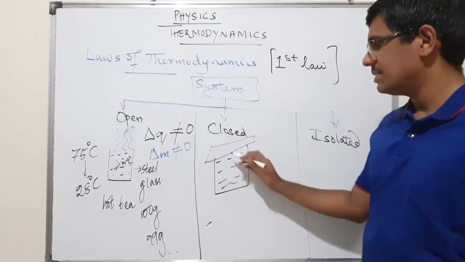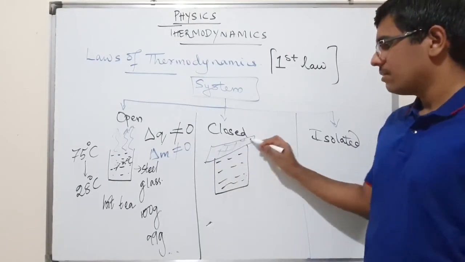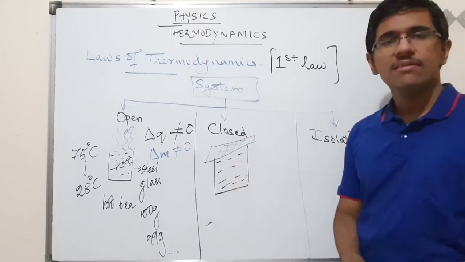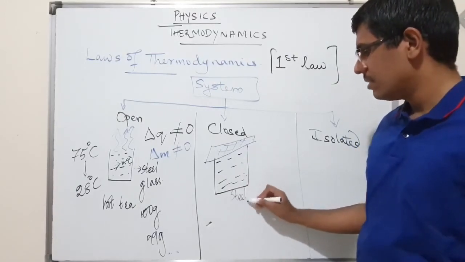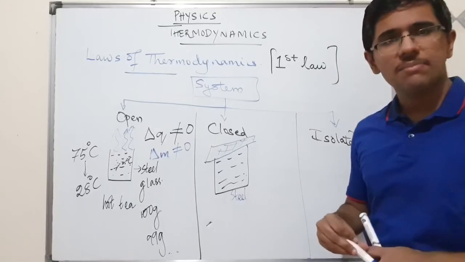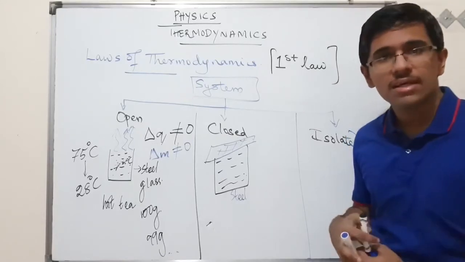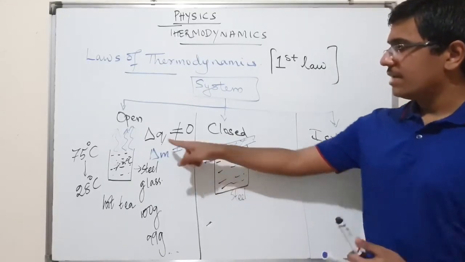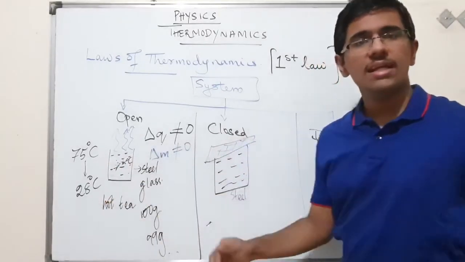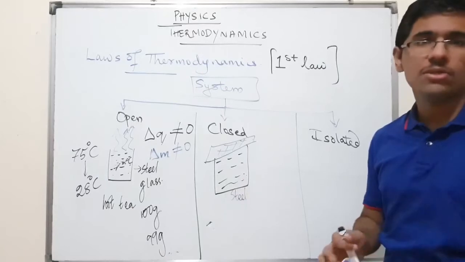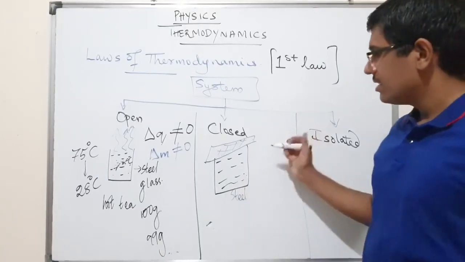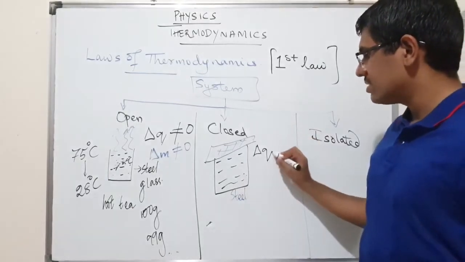And this is a steel glass. Steel glass means what? Heat will obviously change because steel is a good conductor of heat, right? So temperature will reduce because steel can conduct heat. So obviously what happens? The tea will become cold after 2-3 hours. So I can say that the change in heat is not equal to 0.